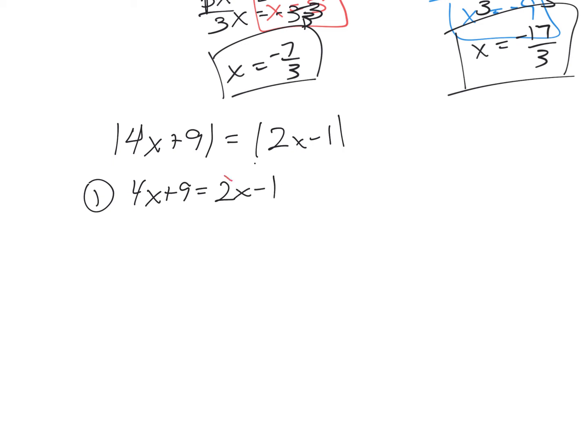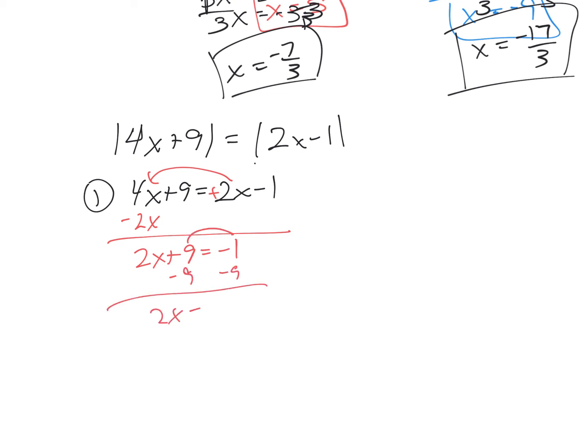So I'm going to bring this 2x over. I'm going to subtract it because it's a positive. So we get 2x plus 9 equals -1. Bring the 9 over, right, because I want to combine like terms. -10, divide by 2 because it's 2 times x, so inverse of multiplication is division, equals -5.